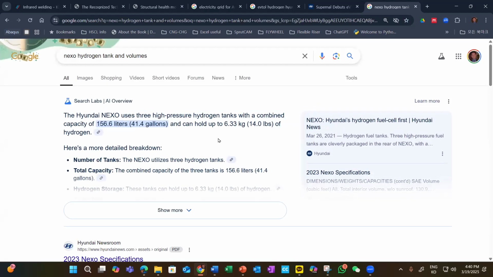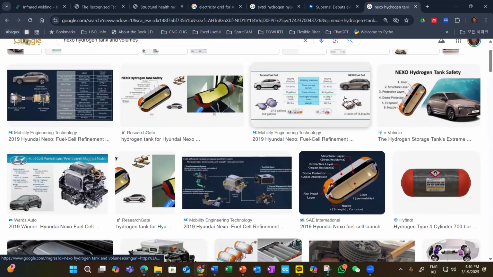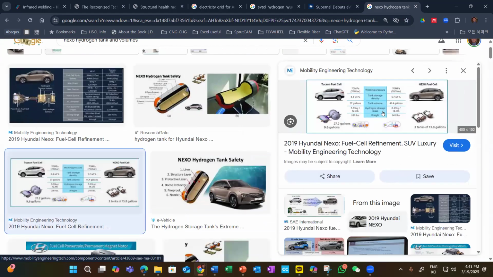As I mentioned, there are 3 tanks of 52 liters. Here it says 13 gallon, but that is 52 liters.